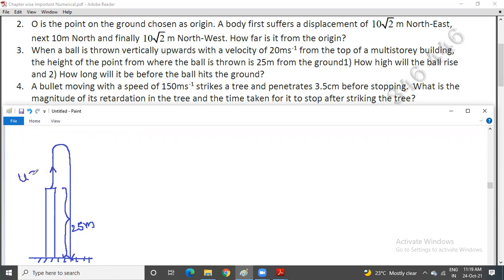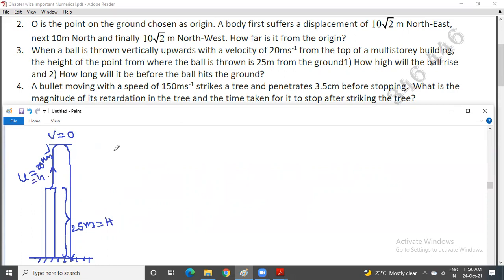So you are given 20 meters per second. Now, first let us find out to what height it goes. From the ground you can find out, from the top of the tower also you can find out. So we know that the final velocity will become 0 after it reaches, let us say this is capital H, the height of the tower, and small h the height above the tower it reaches.